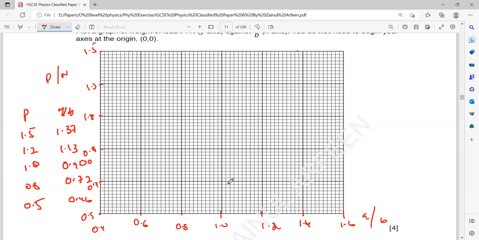So this is 1.2 and this is 1.02, sorry. Then this will be 1.1 and 1.12, then 1.14. And this point should be here because 1.13 was there.